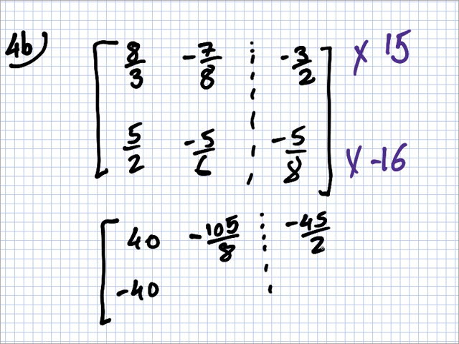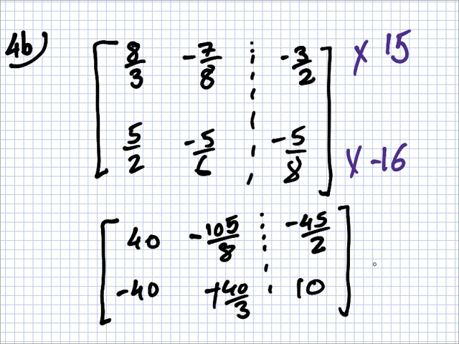Minus 5 over 6 times minus 16 is 40 over 3. And then minus 5 over 8 times minus 16 is plus 10.